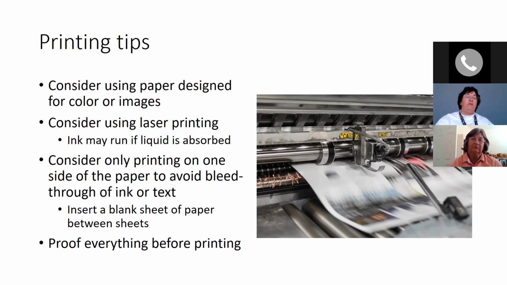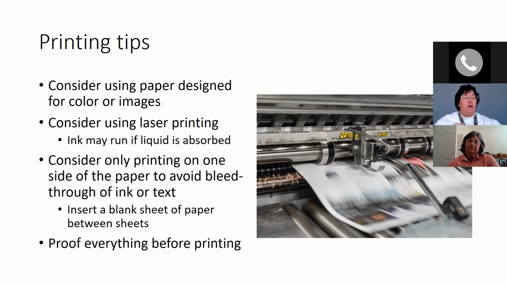But there are some heavier bonded papers that are specifically designed for color. It provides a lot better adhesion, and sometimes it's a little bit thicker, which will also be a big consideration, because if you use inkjets, that becomes very, very wet. And you're going to want to let your pages dry separately before you start shuffling them all together.